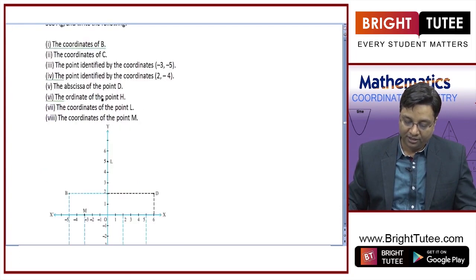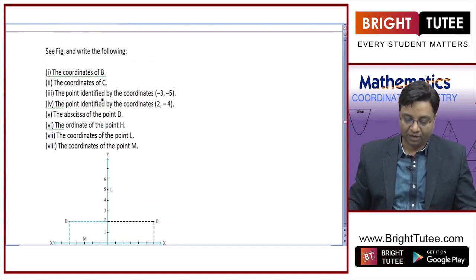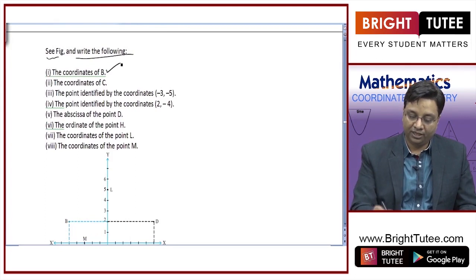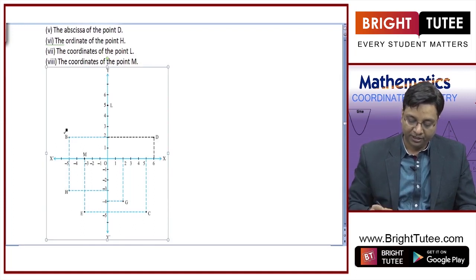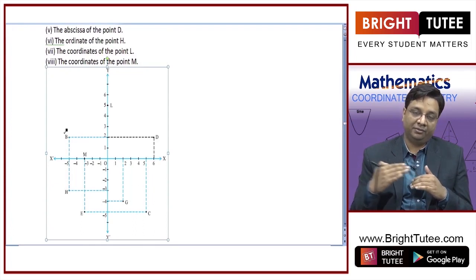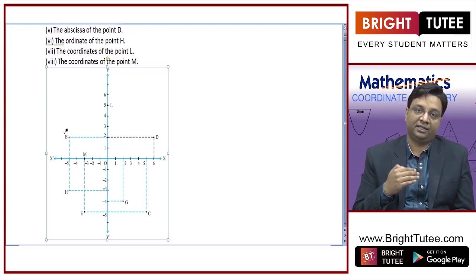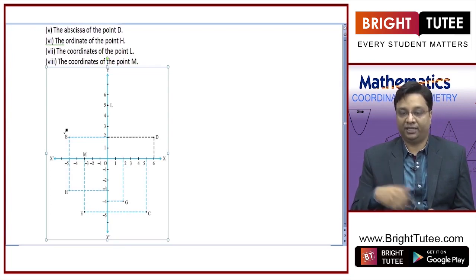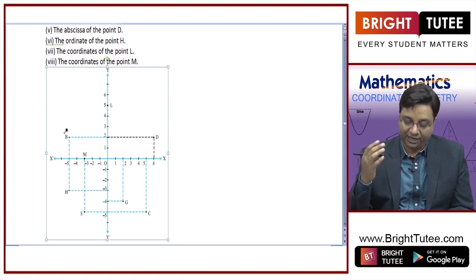Alright. Now, in this lecture, let us cover how to locate a point or how to find the coordinates of a point in a given figure. The coordinates of point B. This is point B. Now, you need to ask yourself where you are going in the x direction and where you are going in the y direction, whether you are traveling in the negative or positive x direction, similarly the positive or negative y direction, and how many units in each.